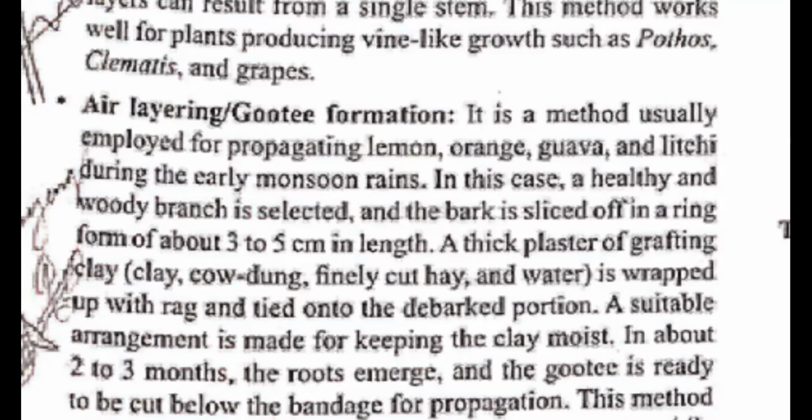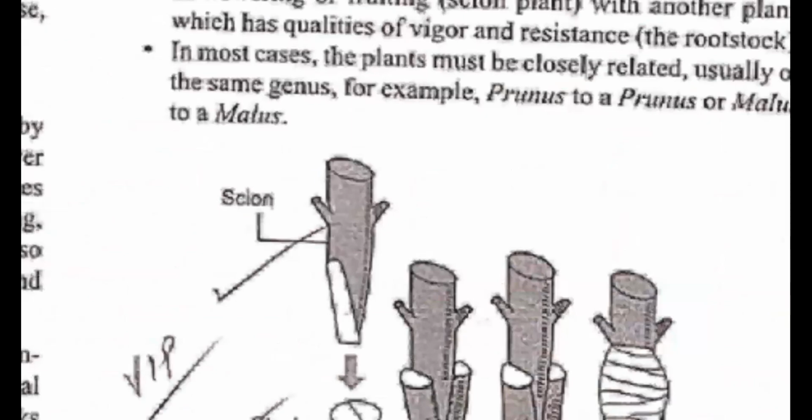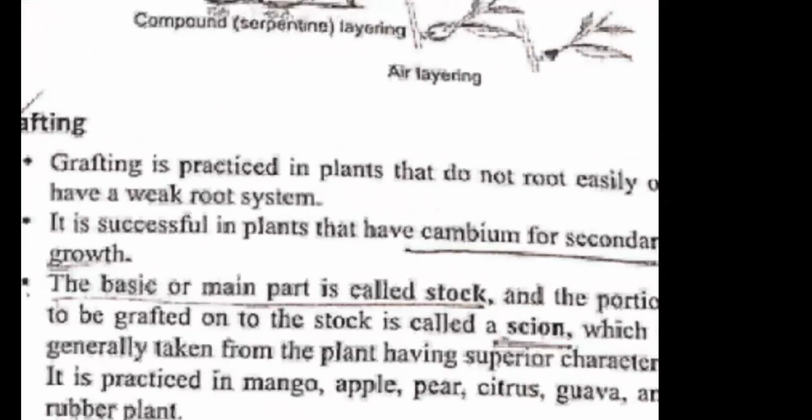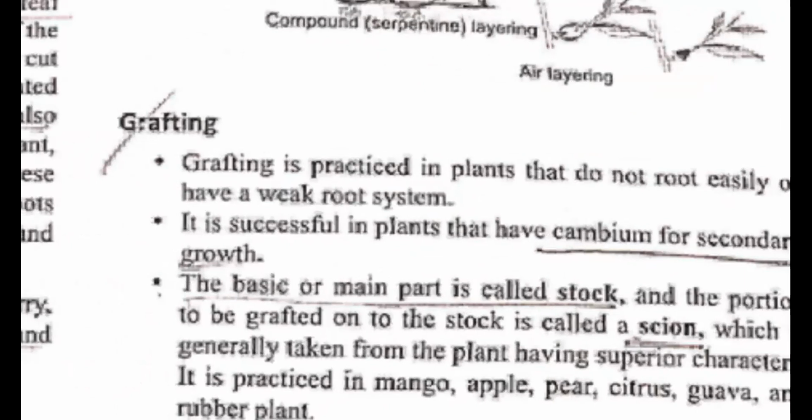And grafting is also another method. Here, very, very important things are here. What is that? Grafting is practiced in plants that do not root easily, that have weak root systems.